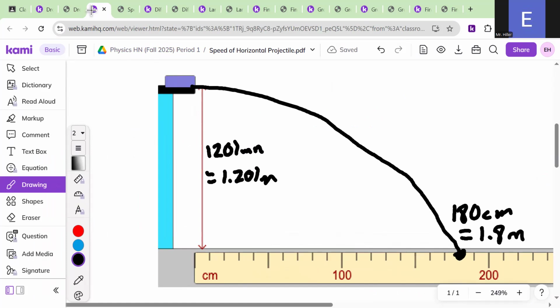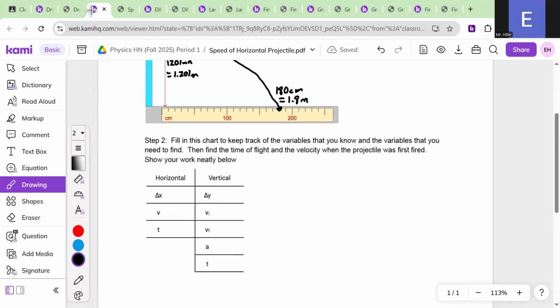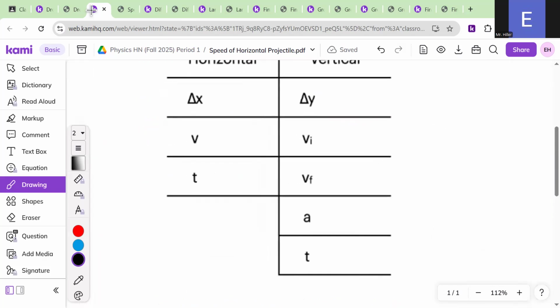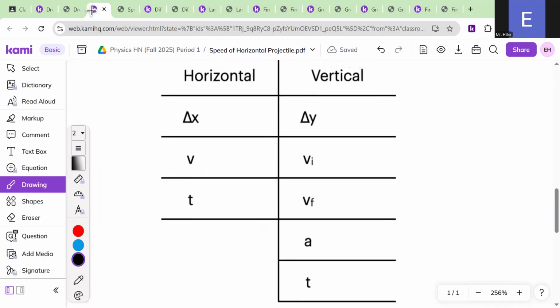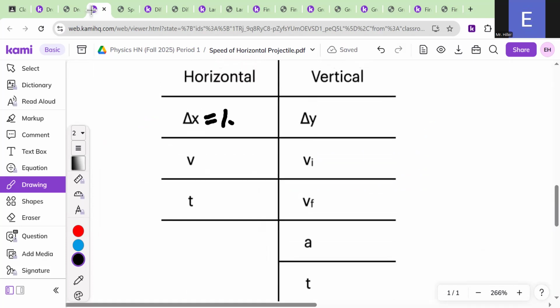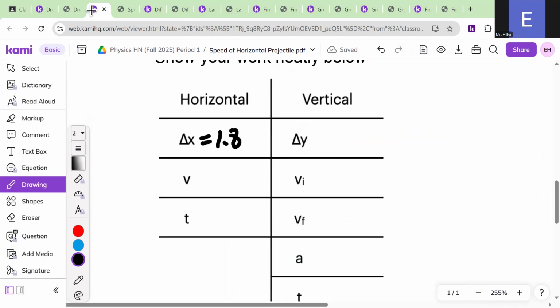So I'll put some data in here for step 1. Now the horizontal. Remember, you're making a chart of 8 variables, just like we did in the previous problem. We know that it's 1.8. We know that the vertical displacement is going to be negative 1.2, in my case negative 1.201.